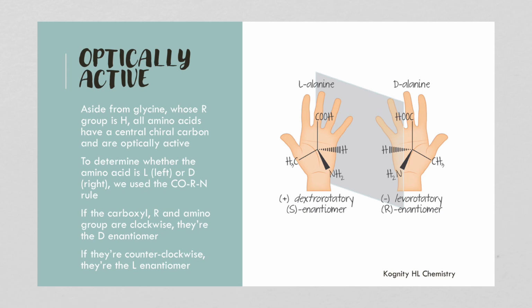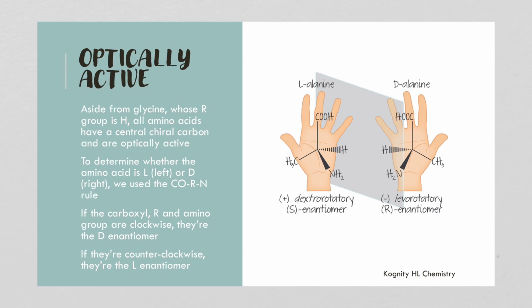configurations. So to determine whether the amino acid is L for left or D for right, we use something called the CORN rule. So if the carboxyl, the R group, and the amino group are clockwise, they're the D enantiomer. And if they're counterclockwise, they're the L enantiomer.